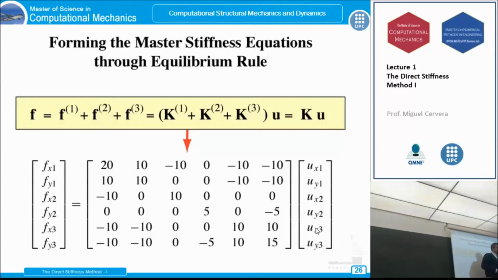And these are the displacements, the degrees of freedom of the structure. But what is missing from here? We don't have the boundary conditions, and we don't have the forces. So this is like having the structure in the box. Okay? It's like we have built the structure, it is in the box. We have to take it out of the box, we have to fix it somewhere, and then load it.